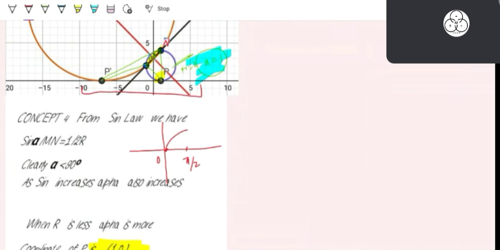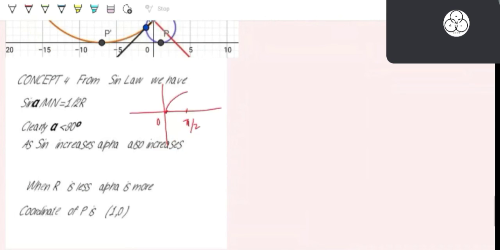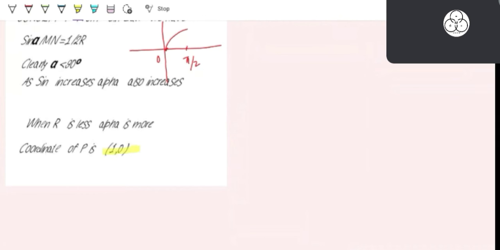As the radius is smaller and they have an inverse relationship, as MN is constant, the length of MN being given, you can clearly conclude that alpha, the angle MPN, is going to be maximum when the radius is smaller. So this is our required case, the smaller circle, and hence we conclude that the coordinate of P is 1, 0.